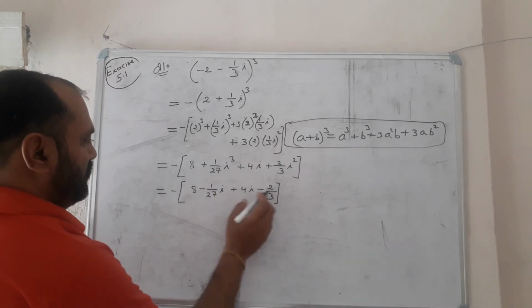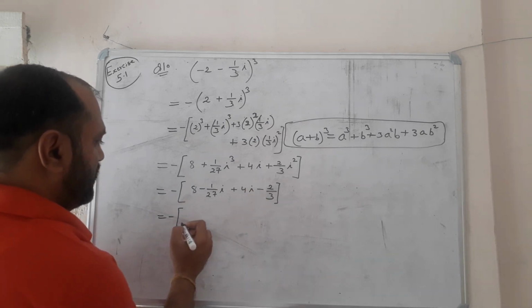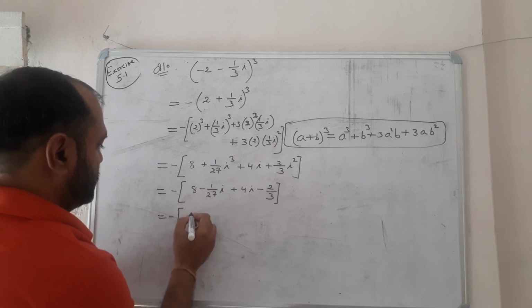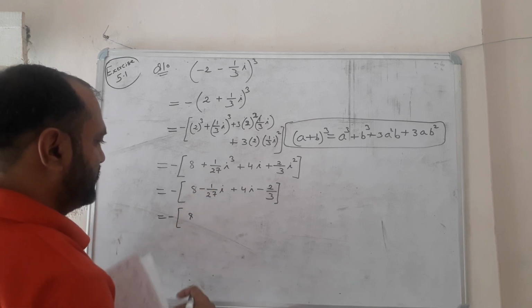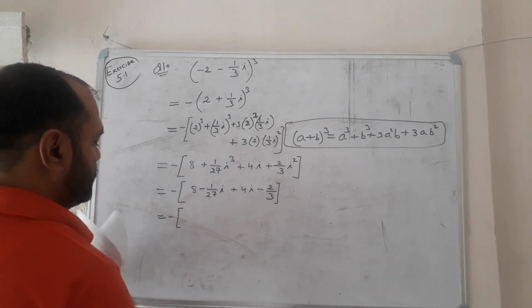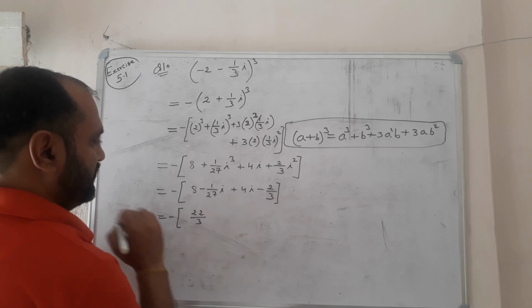Now when you simplify this, real parts, what is the answer? This is 8 minus 2 by 3, that is 24 minus 2, that is 22 by 3.